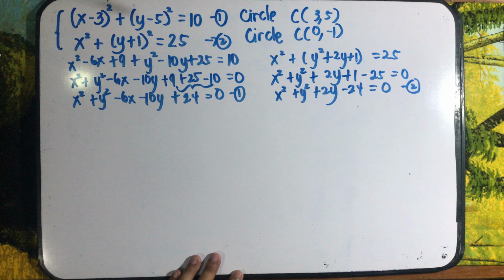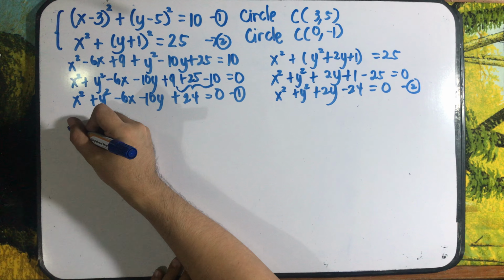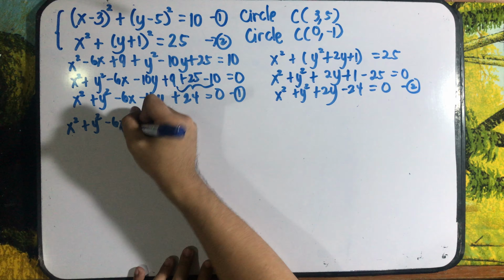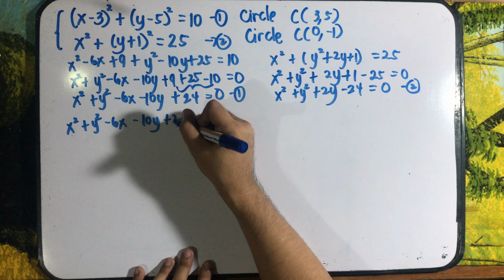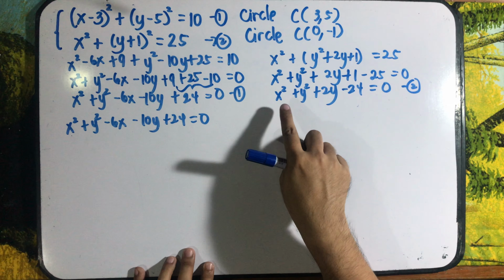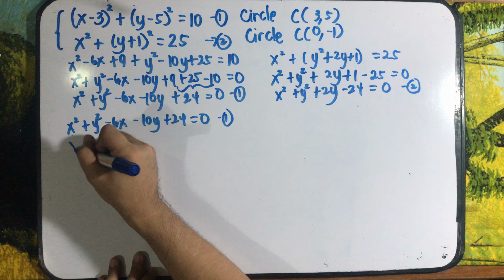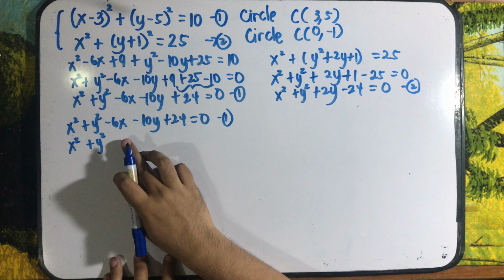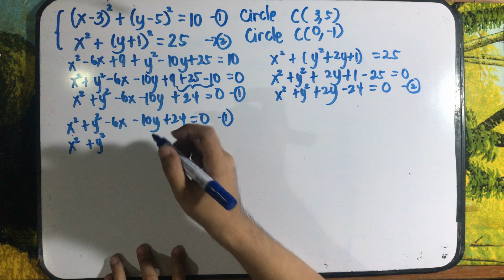So, all we have to do is to write equation 1 again. Our equation 1 is x squared plus y squared minus 6x minus 10y plus 24 is equal to 0. And then write equation 2. We'll have x squared plus y squared, since we do not have a term in x for the second one, we only have y.